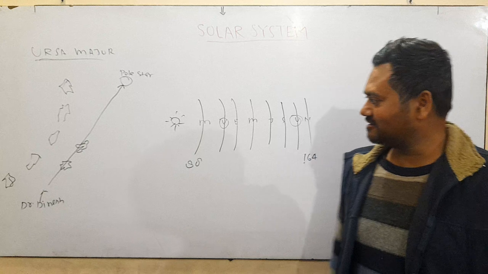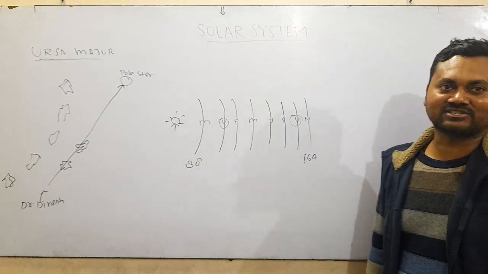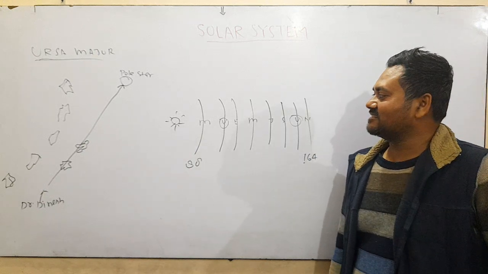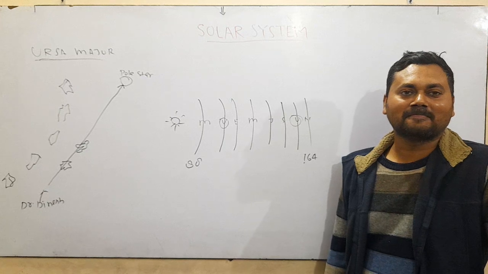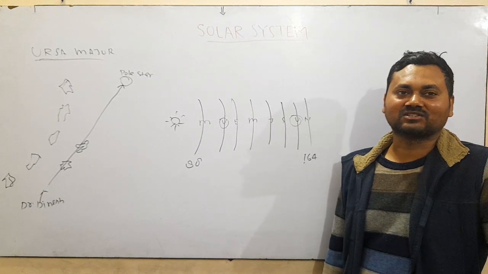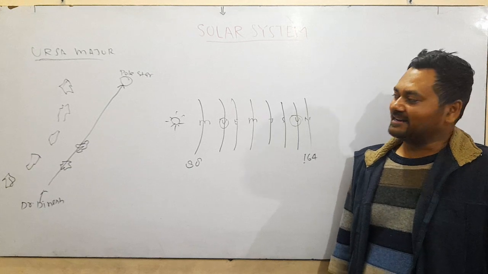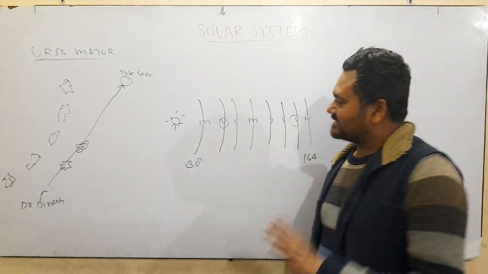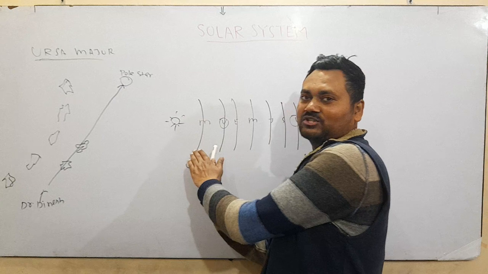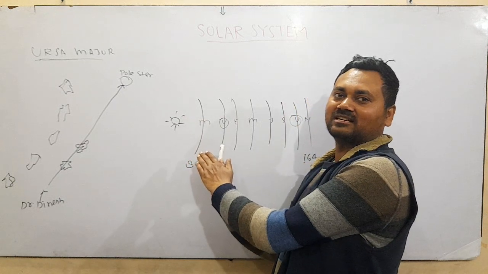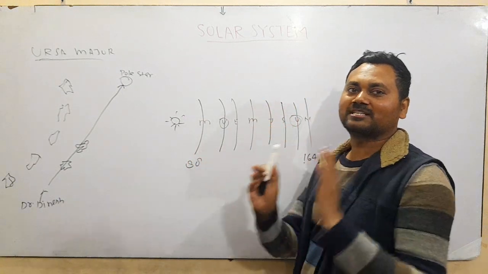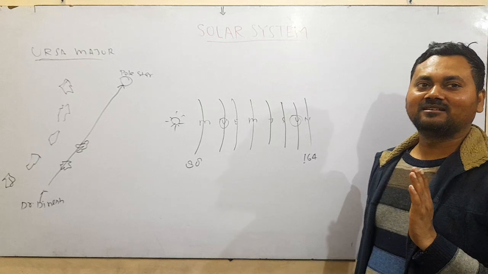There is one planet which is known as the sister of the Earth, Venus. And as I have told you, the closer you are to the Sun, the more temperature you will experience.